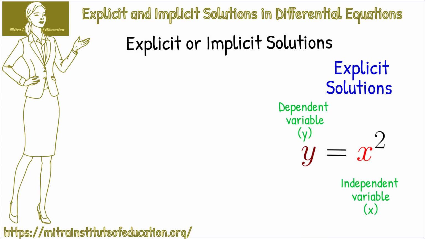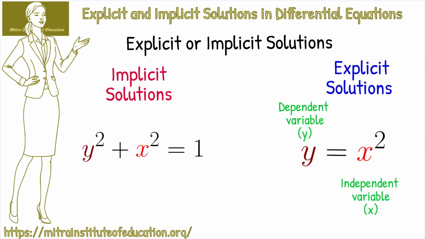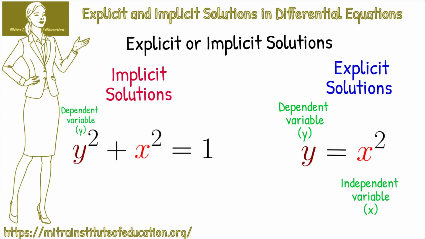Implicit solutions: in this case, the solution involves both variables, but neither is solved explicitly for the other. For example, the equation y squared plus x squared equals 1 shows a relationship between x and y, but neither variable is isolated. So, while we often talk about general and particular solutions, don't forget that explicit and implicit solutions offer another way to categorize the solution to a differential equation.